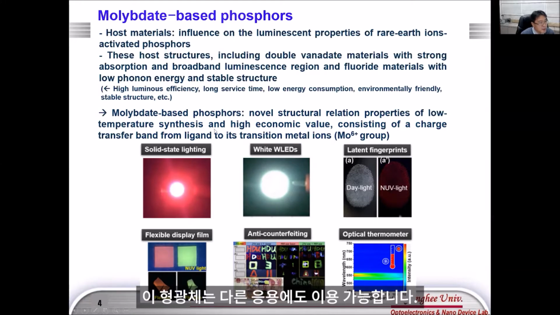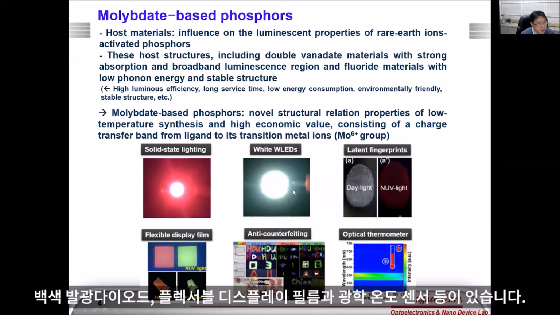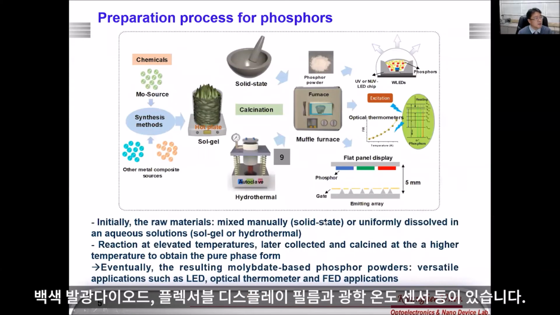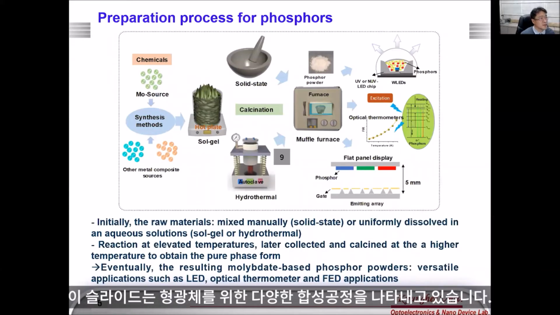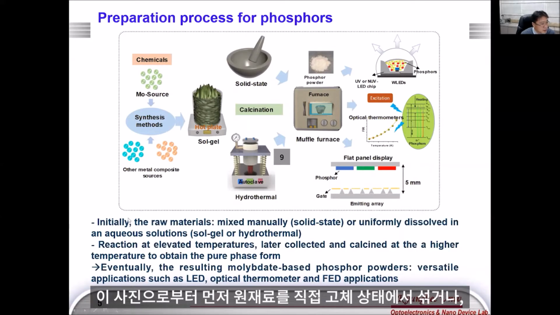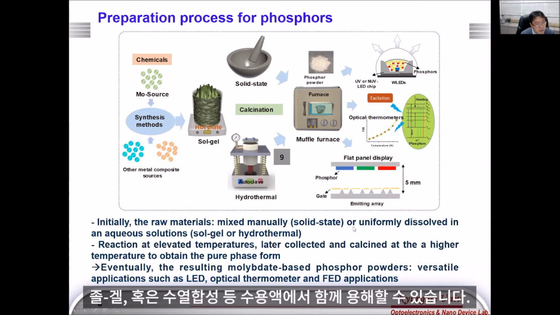This phosphor can be used for different applications, including white LED, flexible display film, and optical thermometers. This slide shows the preparation process for phosphors. From this picture, initially the raw materials are mixed manually in the solid state method or uniformly dissolved in an aqueous solution in the sol-gel and hydrothermal methods.